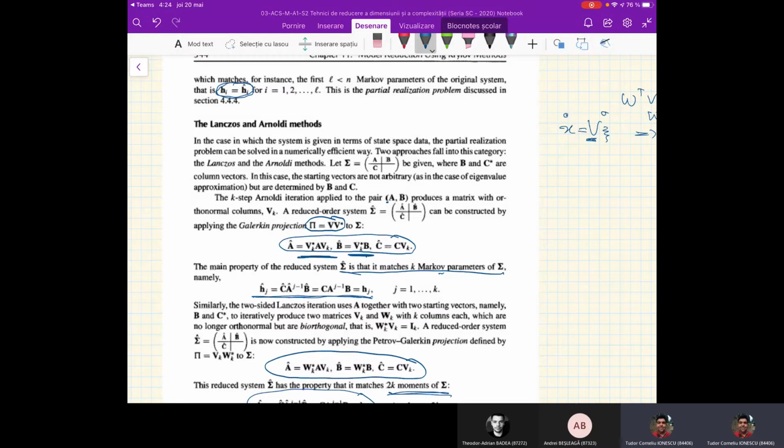The k-step Arnoldi iteration applied to any pair AB, so to the first equation, x dot is Ax plus Bu, produces a matrix with orthonormal columns. So that's why V transpose V is the identity, because the columns of V are orthonormal.